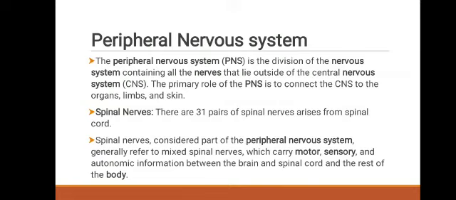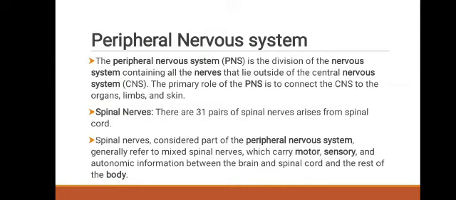The spinal nerve, considered part of peripheral nervous system, is generally referred to as mixed spinal nerve, which carries motor, sensory and autonomic information between brain and spinal cord and rest of body. Firstly, we will discuss what is nerve.